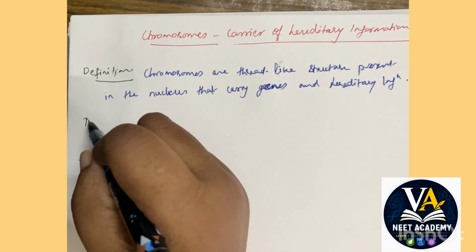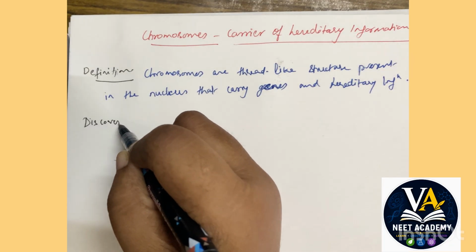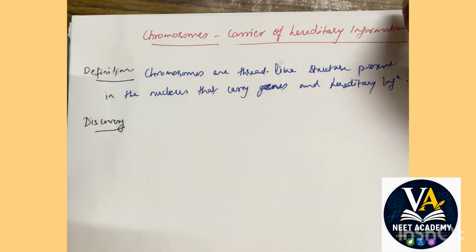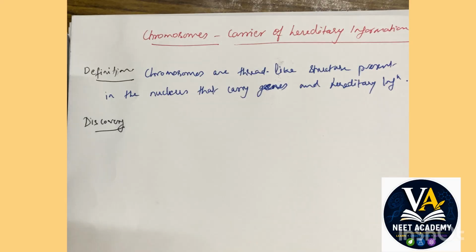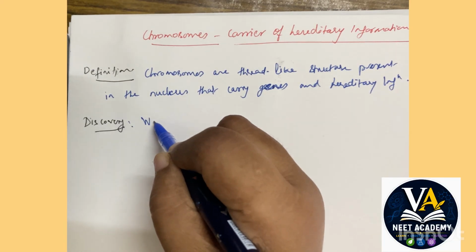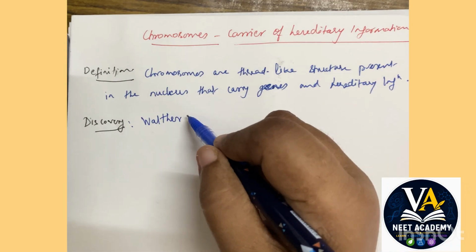Let us move on to the next title, which is the discovery of the chromosome. The chromosome was discovered by a scientist called Walter Fleming.